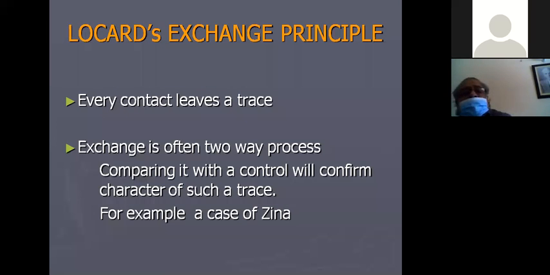There is a principle known as Locard's exchange principle that tells you that every contact leaves a trace. And this contact results in exchange of material from one place to the other.